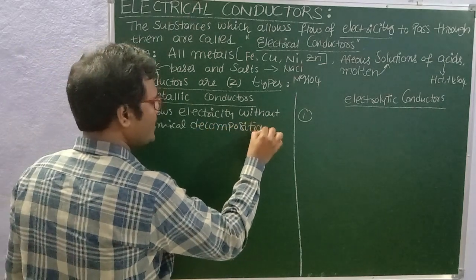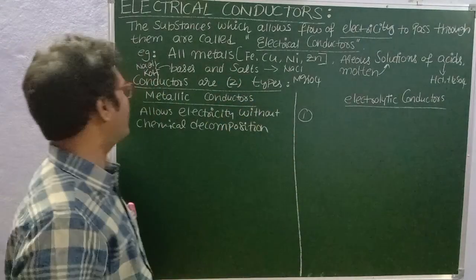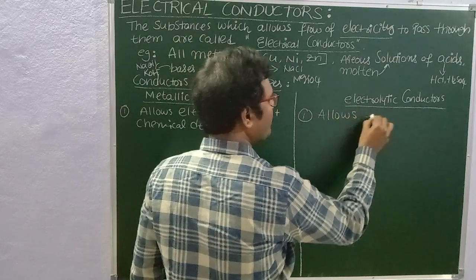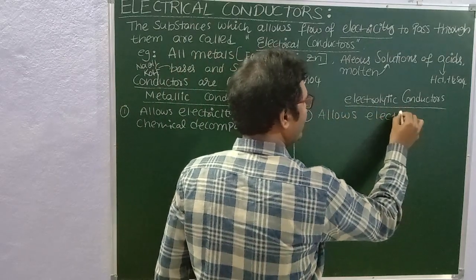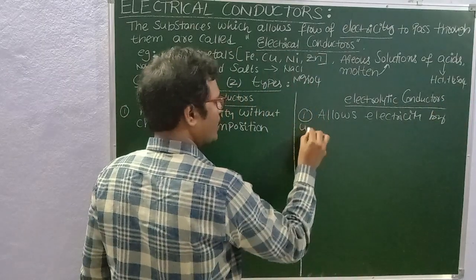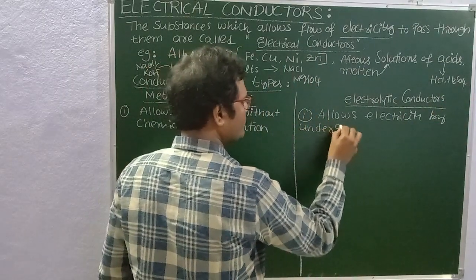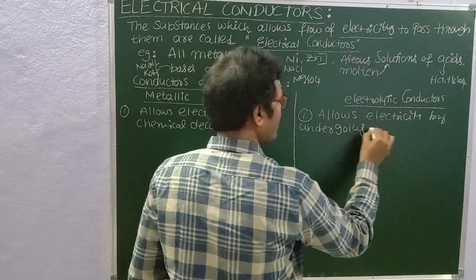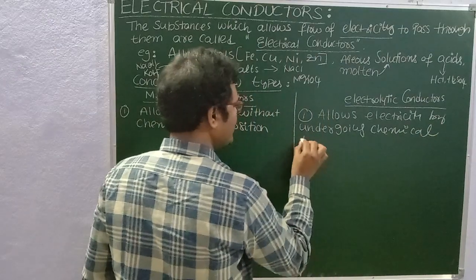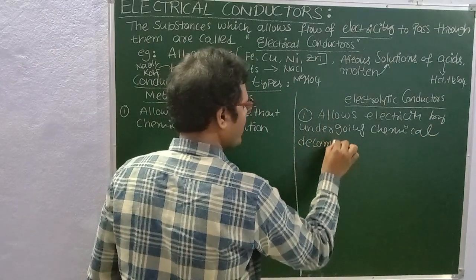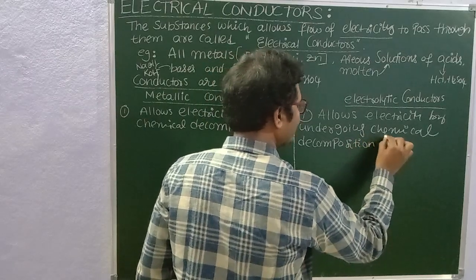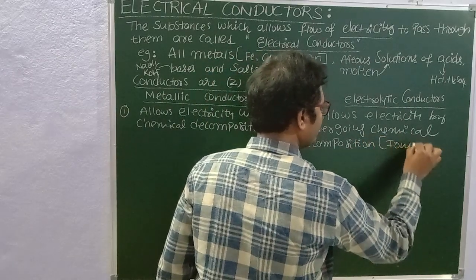The opposite is true for electrolytic conductors. Electrolytic conductors allow electricity by undergoing chemical decomposition. This chemical decomposition is called ionization.